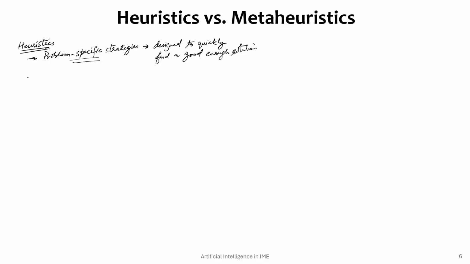So the nature of heuristics could be thumb rules, greedy methods, or local search. So we have talked about search algorithms in the course, right?